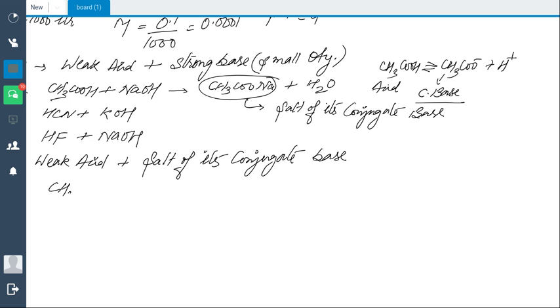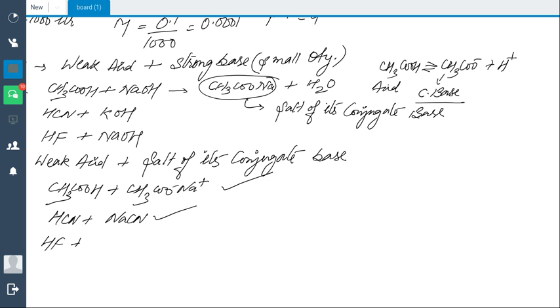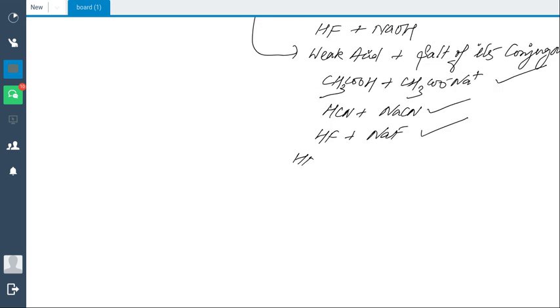So if they ask you a question that if you mix or add these two, will you get a buffer? Yes. So all these on mixing will give you the buffer solution.